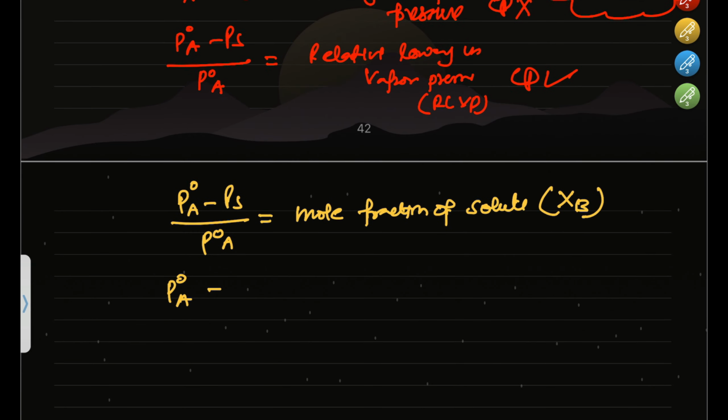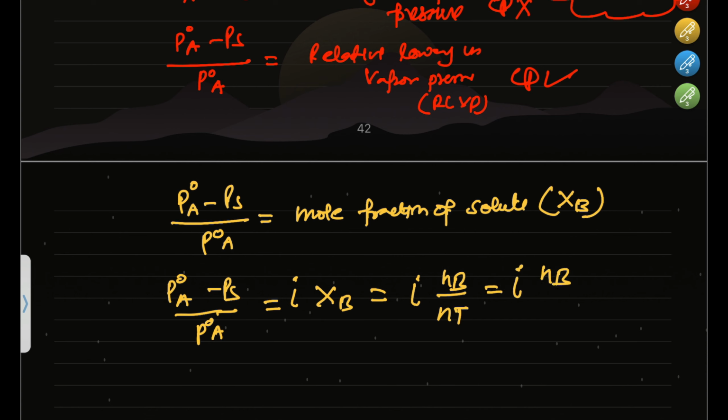So we can write the relative lowering in vapor pressure as equal to i times the mole fraction of the solute, where i is the van't Hoff factor. Okay, so i times the mole fraction of solute is equal to moles of solute upon total moles, or moles of solute upon moles of solvent A plus moles of solute B.